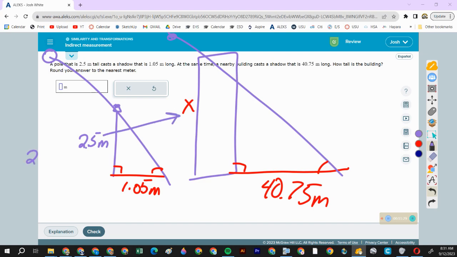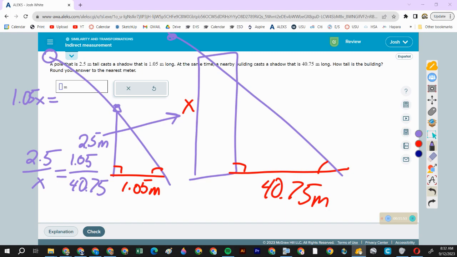2.5 divided by x is equal to 1.05 divided by 40.75. So we cross multiply. 1.05x is equal to whatever that is.